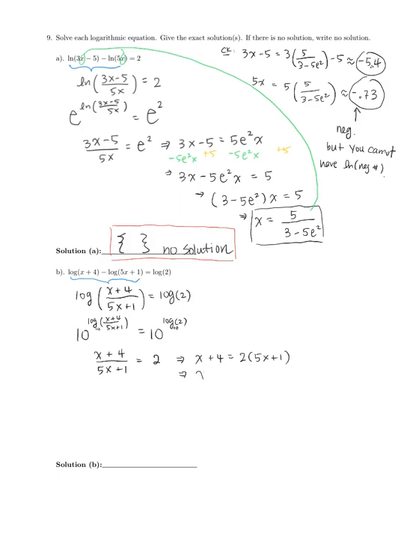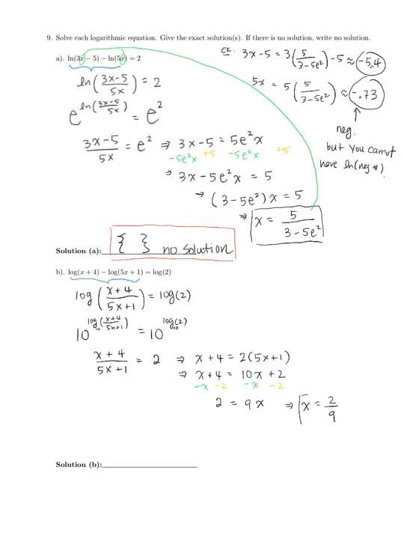So x plus 4 equals 10x plus 2. Solving for x, I'll go minus x, and then minus 2, just like that. So we get 2 equals 9x, that's it. So our x is going to be 2 over 9.